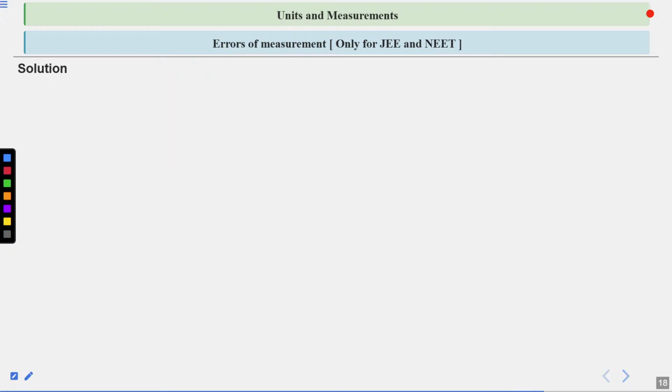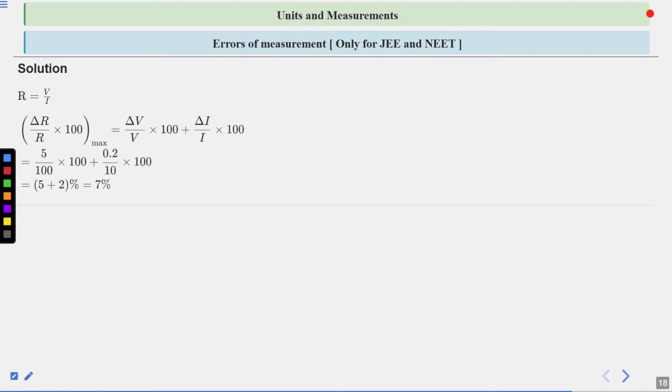So solution: the formula is R is equal to V by I. If we want to calculate the percentage error, first of all we calculate the relative error. The relative error is delta R by R, and if we multiply it with 100, it becomes the percentage error. Now for V by I, it will be delta V divided by V into 100.